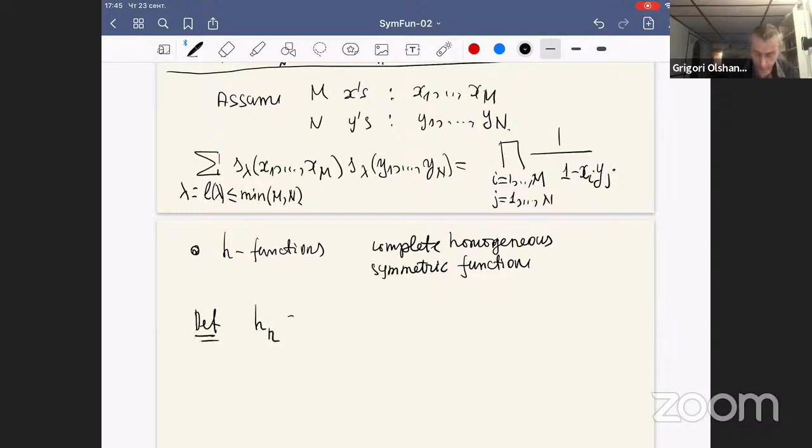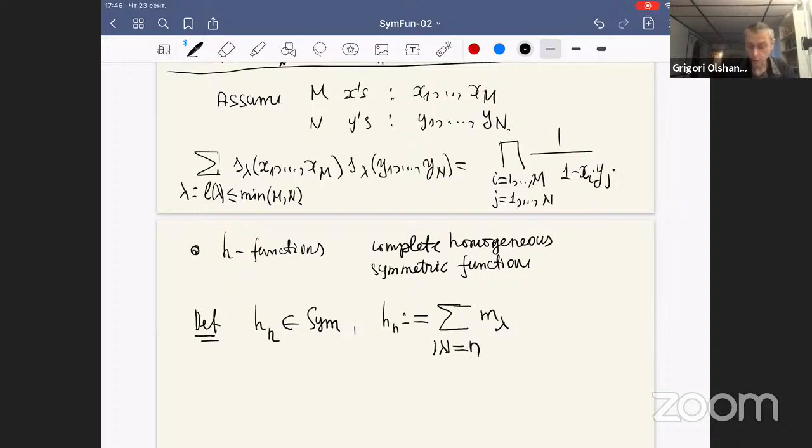h sub n is a symmetric function, an element of this algebra, which is defined as follows. h sub n is by definition the sum of all monomial symmetric functions of degree equal to n.